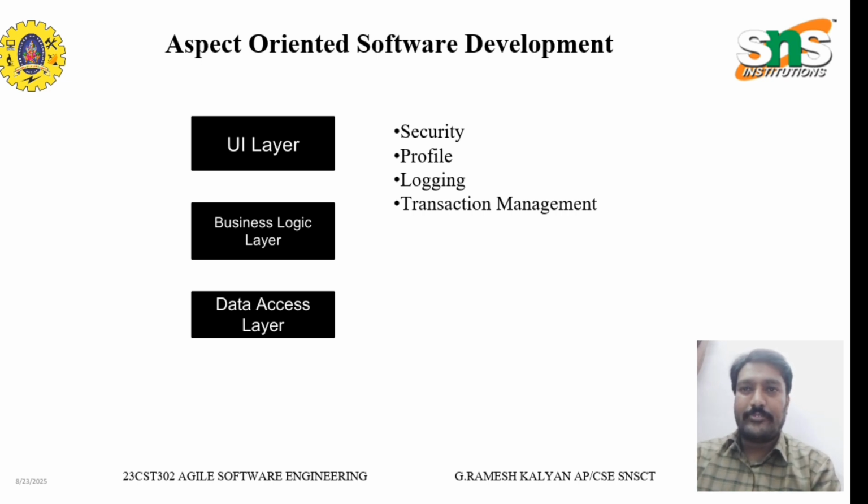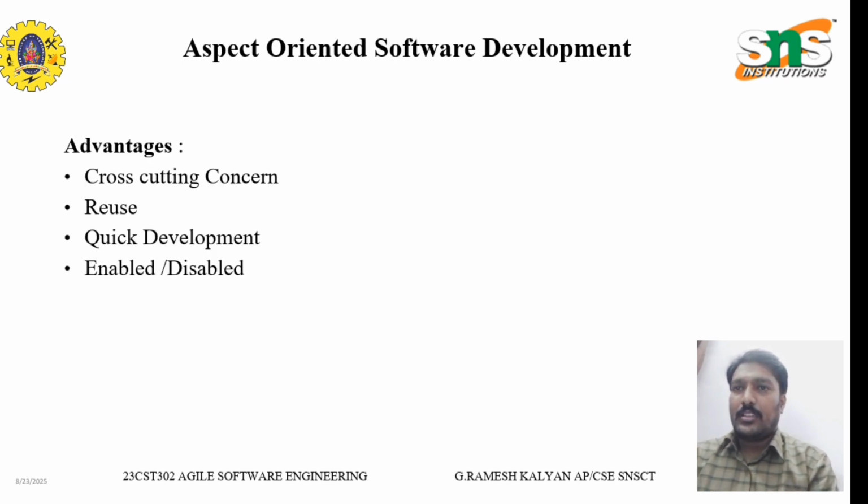Some of its features are security, profile, logging, and transaction management. The advantages of using this process are cross cutting concern, reuse, quick development, and being enabled or disabled. These are features that could be added to the development process that uses aspect oriented software development.